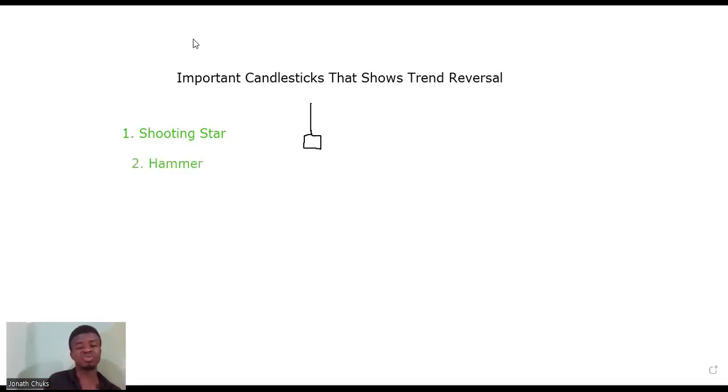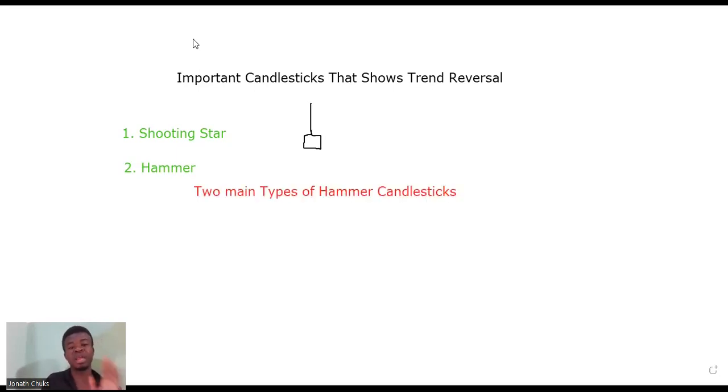Then number two is the hammer. The hammer is what you should look out for. Let me give you a sketch of what a hammer is. Before that, let me tell you that there are two types of hammer candlesticks. The hammer candlestick can be divided into two, and one of them is the bullish hammer.